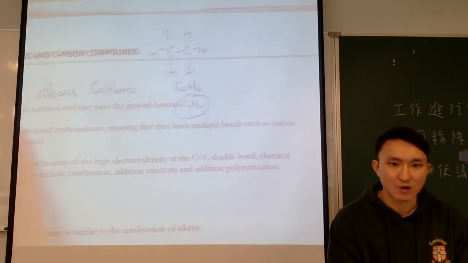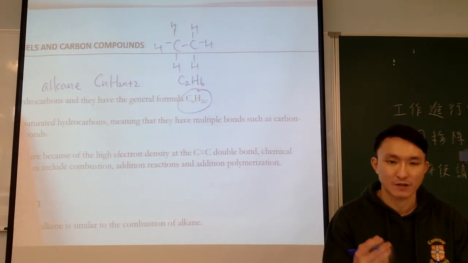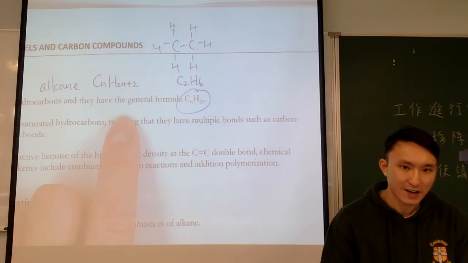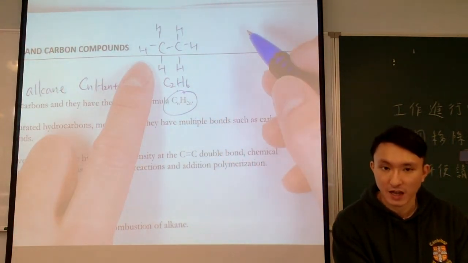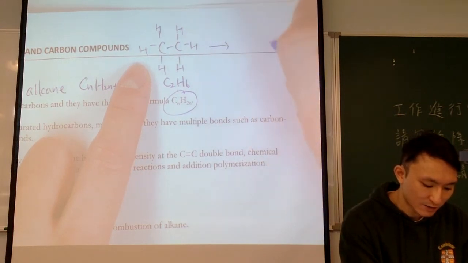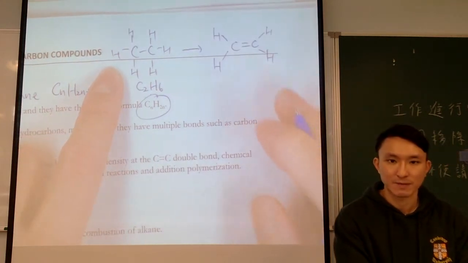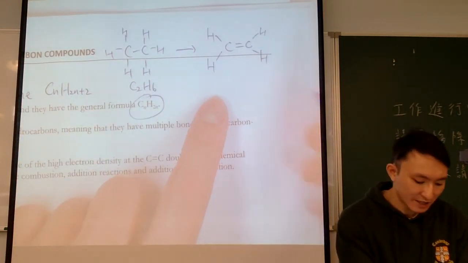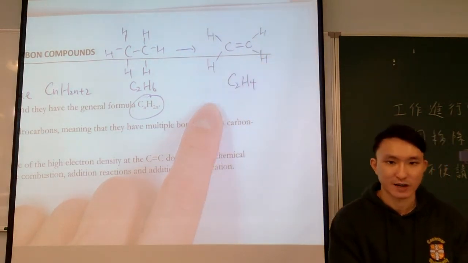Now, when we form the alkene, the alkene has the functional group C=C double bond. So if you want to form a C=C double bond with 2 carbons, the corresponding alkene is this one, ethene, C2H4.